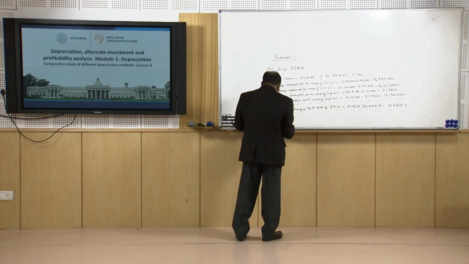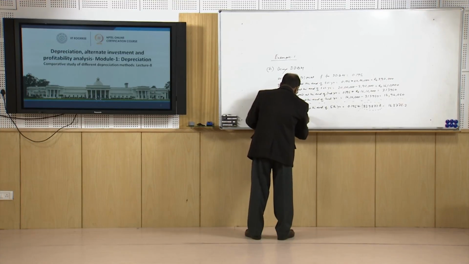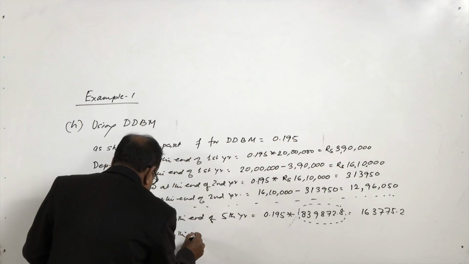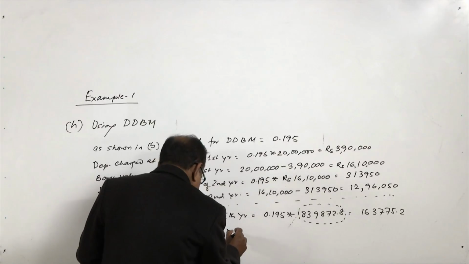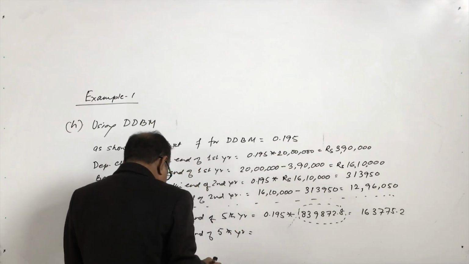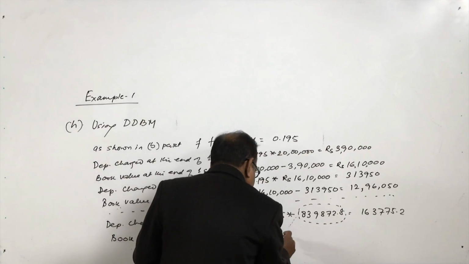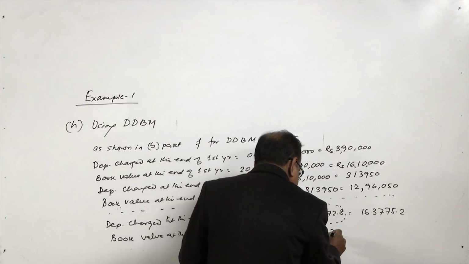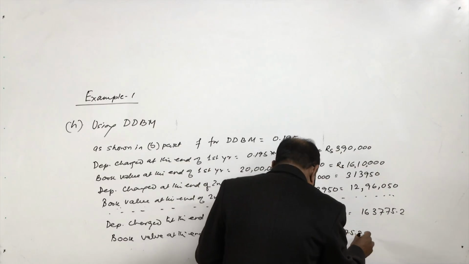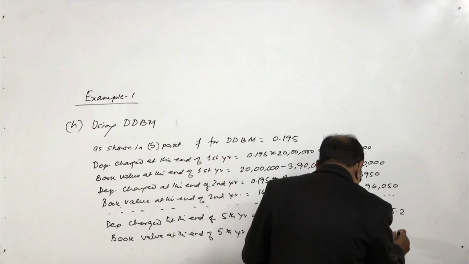So, book value at the end of fifth year is equal to 839,872.8 minus 163,775.2. This comes out to be 676,097.6.